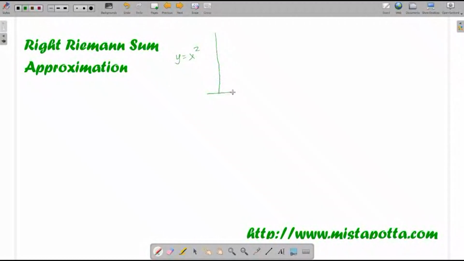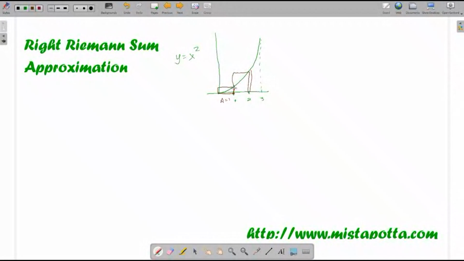So looking at the exact same function, y equals x squared, on my exact same domain from 0 to 3, but instead looking at the right endpoints instead of the left endpoints, this first rectangle is going to have its height determined by the right endpoint, a height of 1 and a base of 1, so my area is 1.